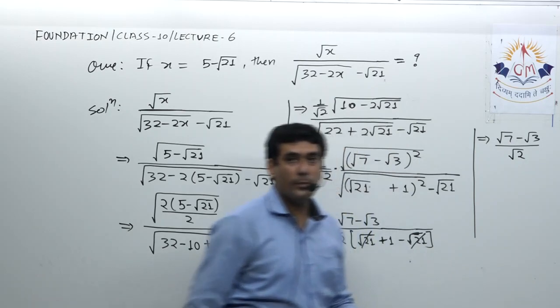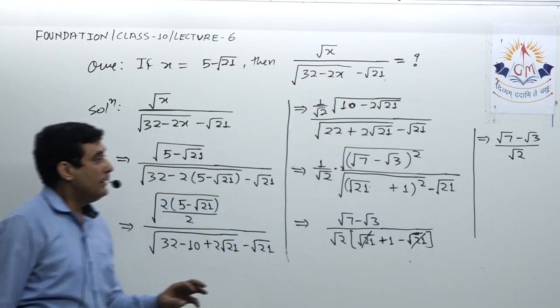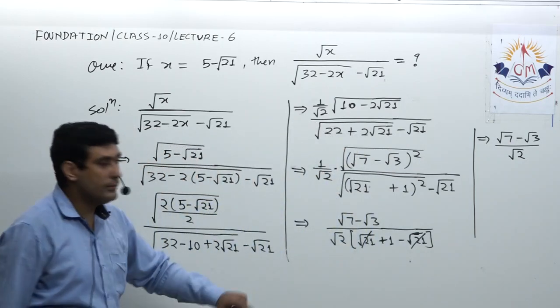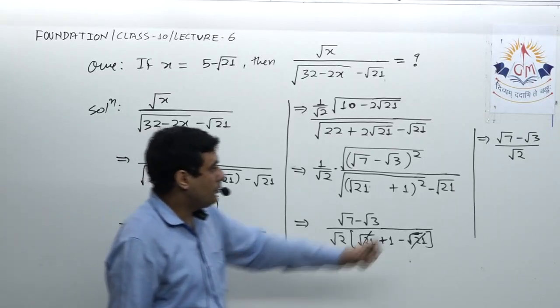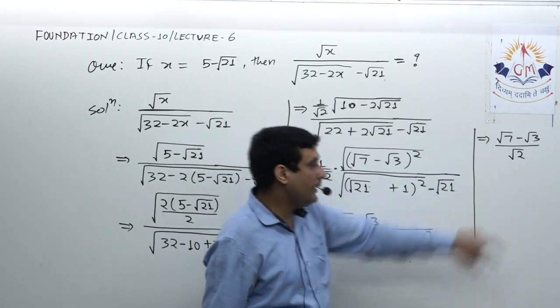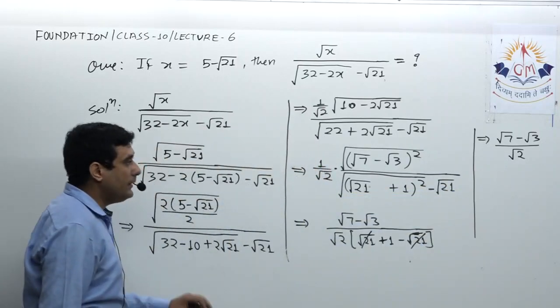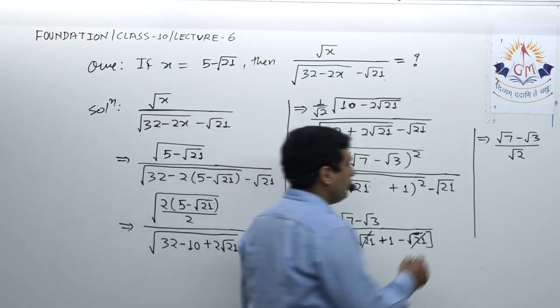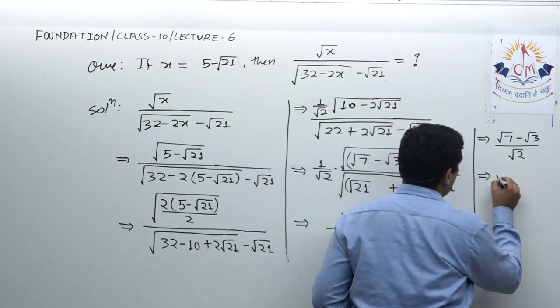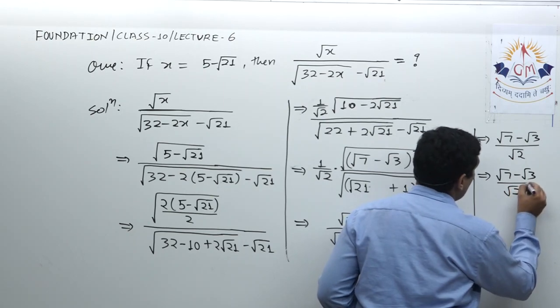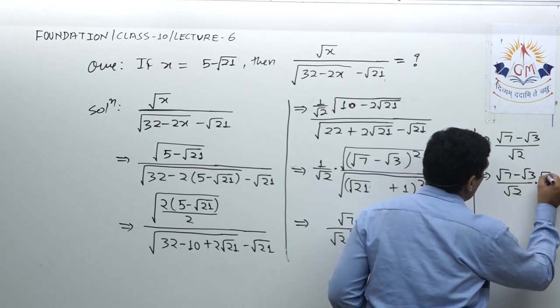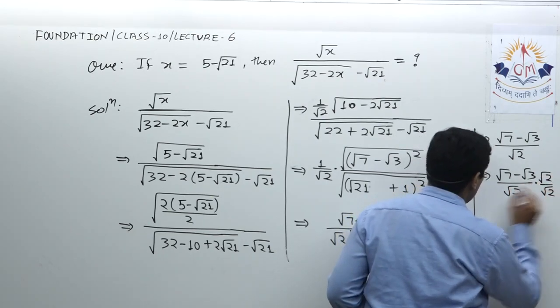Now this is almost my answer. The only thing is that I always keep my final answer in such a form that the denominator is rational. So for that I have to multiply the numerator and the denominator by root 2. This gives me root 7 minus root 3 upon root 2, into root 2 upon root 2.